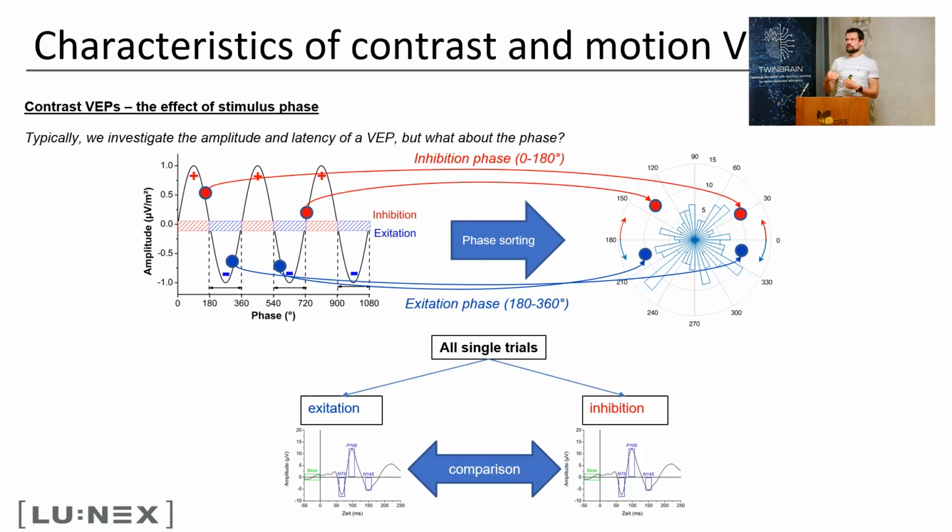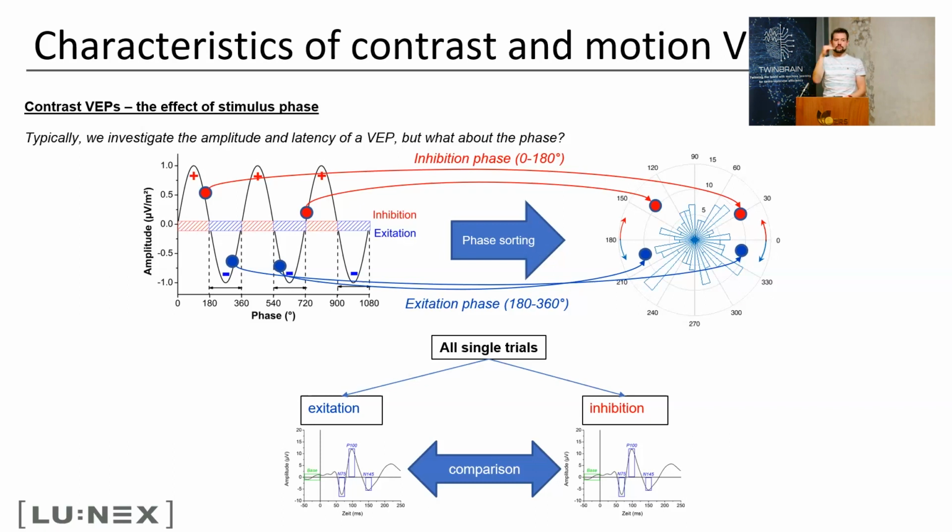two different categories, based on this circle that you have here. So we said, for example, from 0 to 180 degrees, we are going to one category, and from 180 to 360, we are going to the other category. Obviously, we did not know where the threshold between inhibition and excitation would be.